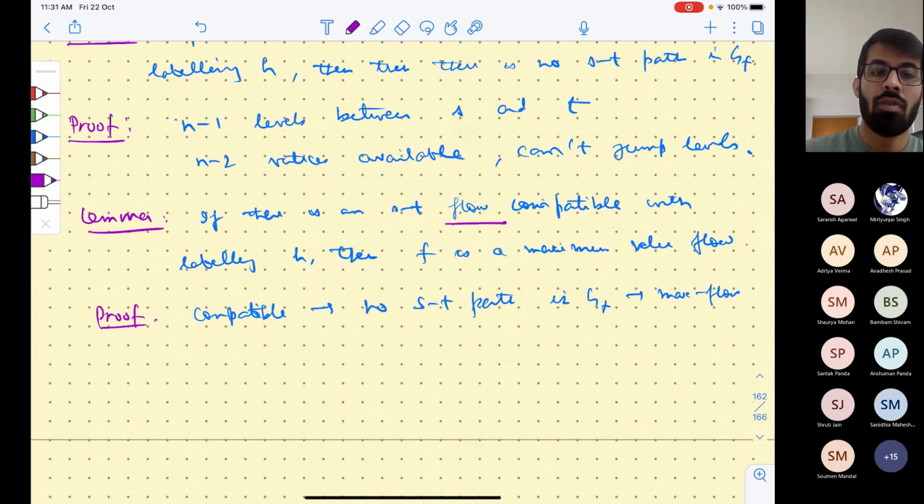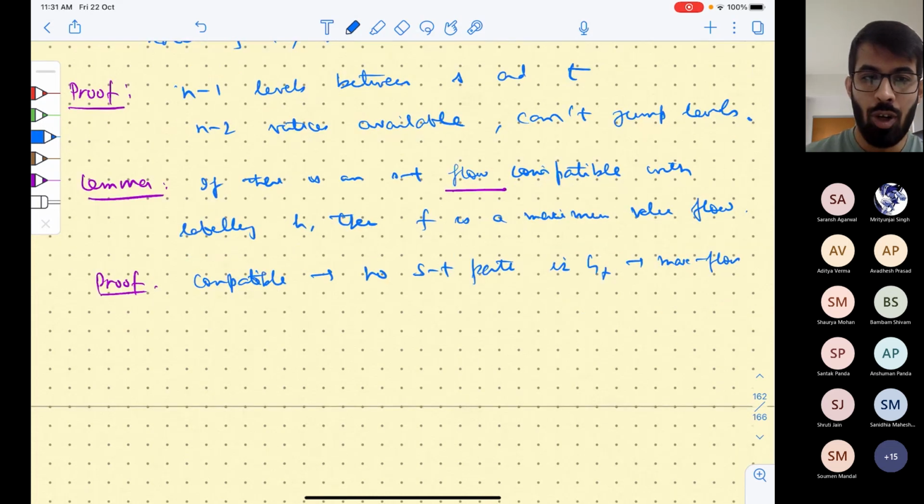So finally, we have a residual graph in which there is no ST path, but now we have a flow. So whatever we get is a maximum value flow. Any question about that? The argument might sound convoluted, but it is not really. If you have any question, please ask.